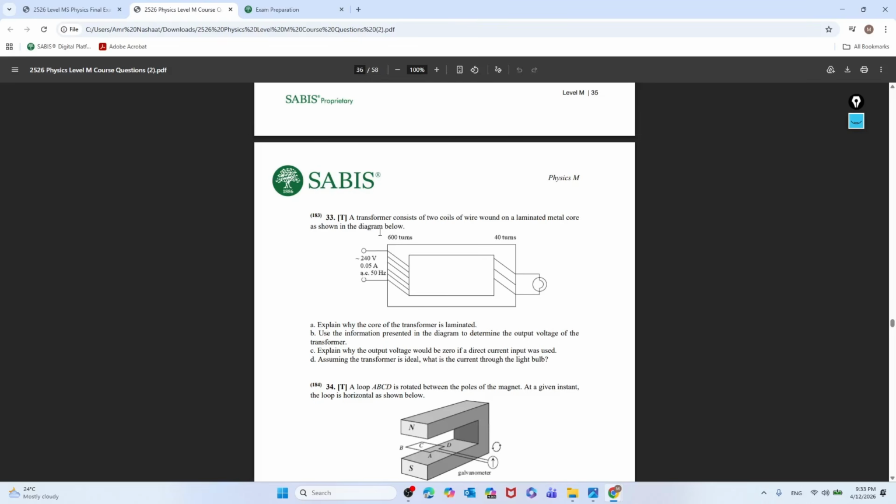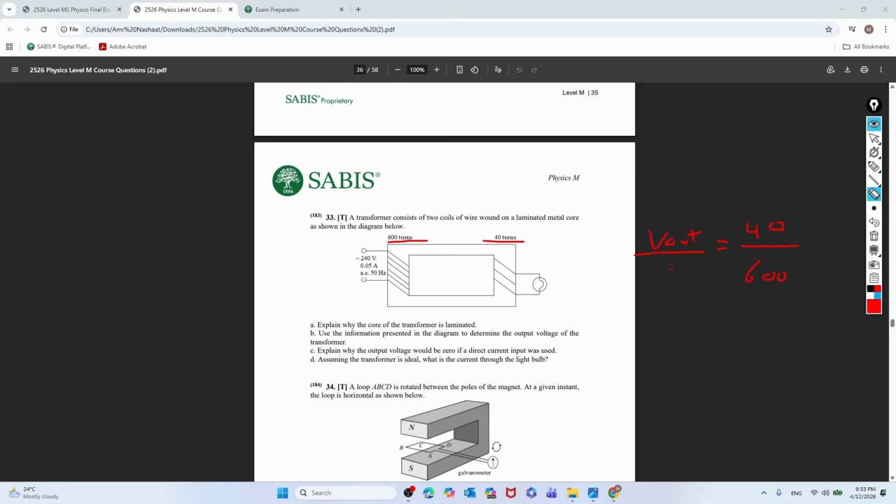Use the information presented in the diagram to determine the output voltage of the transformer. So V out over V in equals N out, number of turns out, 40, over number of turns in, 600.